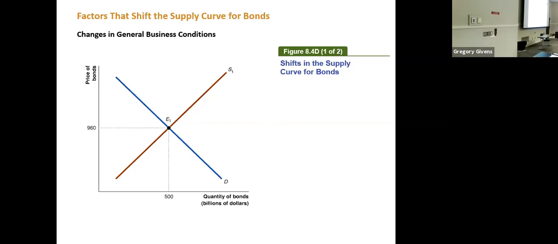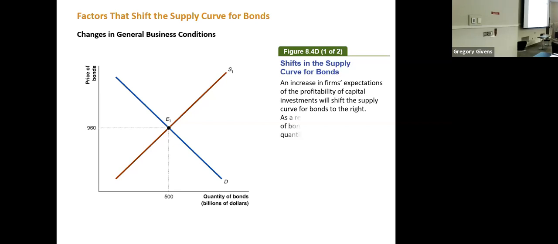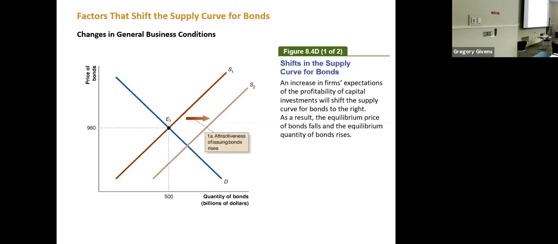And so what do you imagine happens then to the supply curve for bonds? All else equal, it's going to shift to the right. And that should put downward pressure on the equilibrium price of bonds and therefore upward pressure on yields to maturity.